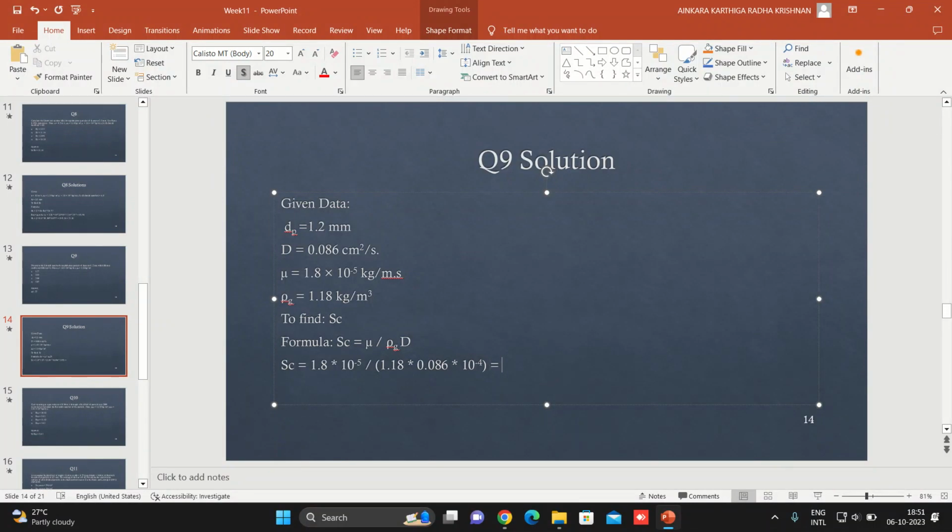So on solving this, what are we getting? The answer is actually 1.77.